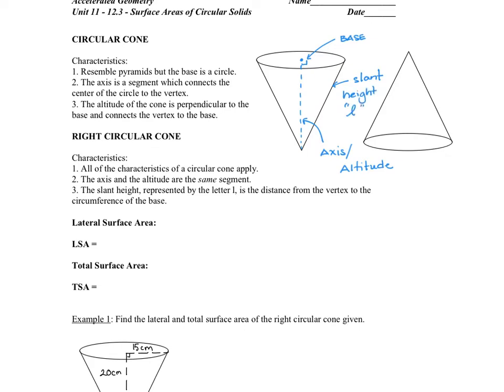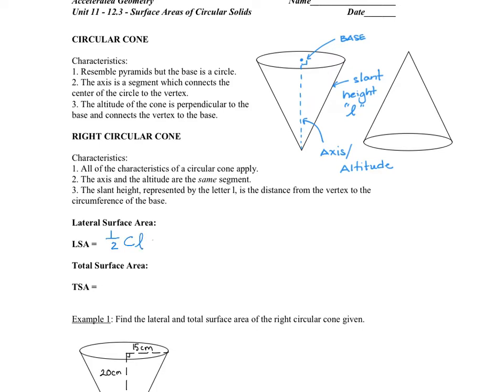And here, that's the distance from the vertex to the circumference of the base. So like the lateral surface area of a pyramid, we need 1/2 the perimeter of the base times the slant height. But again, the perimeter of the base for a cone is the circumference.